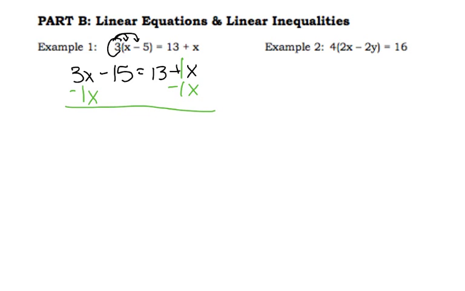What you do to one side, you always do to the other. 3x minus 1x is 2x. Bring down the -15, bring down the equal sign, bring down 13, and that canceled out. So now our problem is 2x minus 15 equals 3.